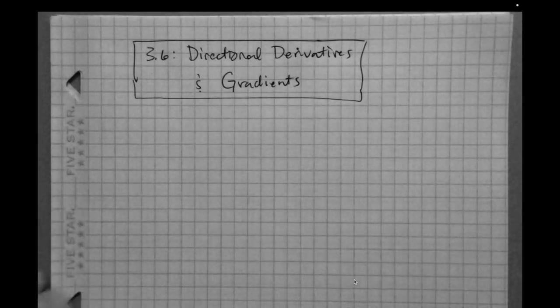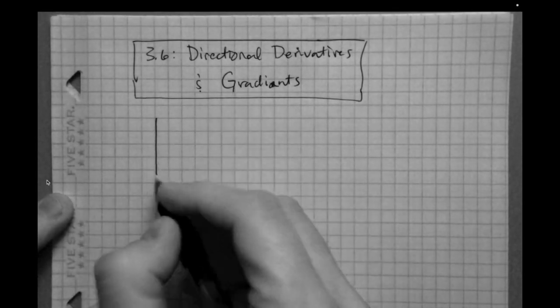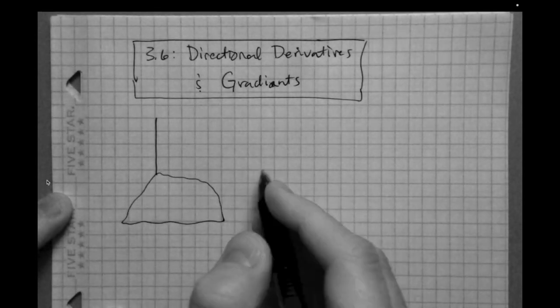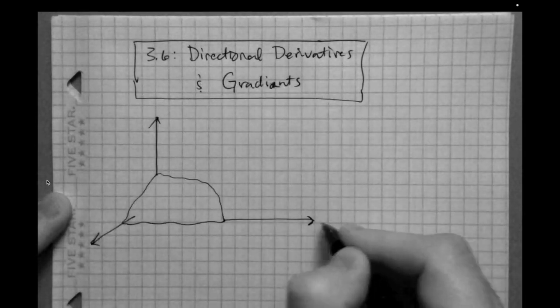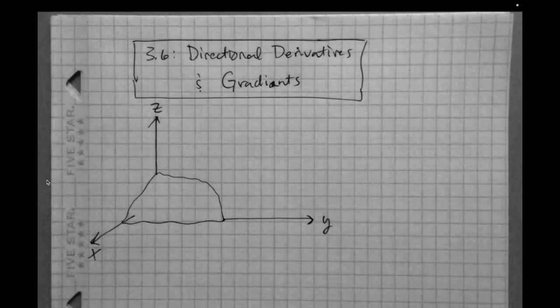So we'll call this section 3.6, directional derivatives and gradients. Okay, and so let's first start with a motivating example of what a directional derivative can help us with. So suppose I'm going to attempt a reasonable little drawing here. Suppose we've got some hill, and we've got the x, y, z coordinate system superimposed on this curve here.